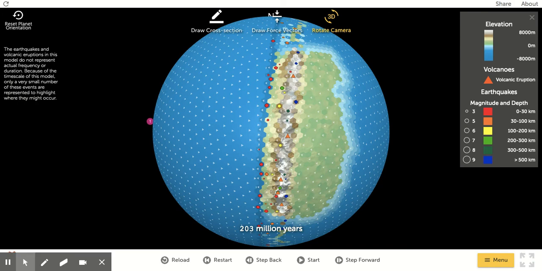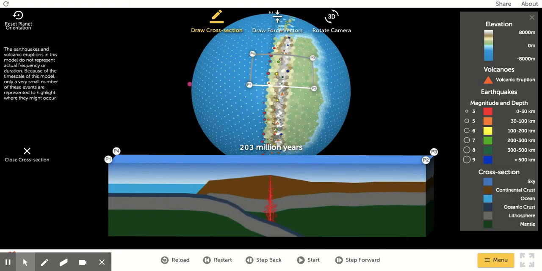So what we're going to do now is look at a cross-section of what's actually happening inside the Earth. I'm going to draw a cross-section on here so we can get an idea of what's happening inside the Earth. So there you can see it.